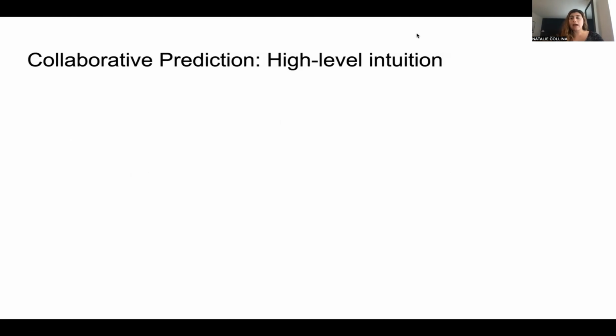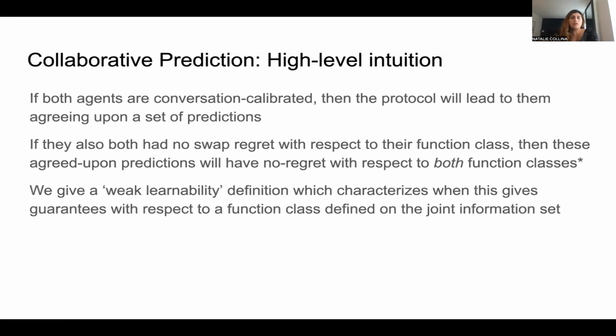Okay, so I'm not going to go into as much detail about this follow-up work, but I want to give some high-level intuition. Recall that we just showed that if both agents are conversation calibrated, then the protocol is going to lead them to agree on a set of predictions.